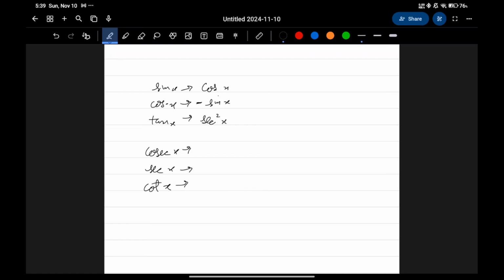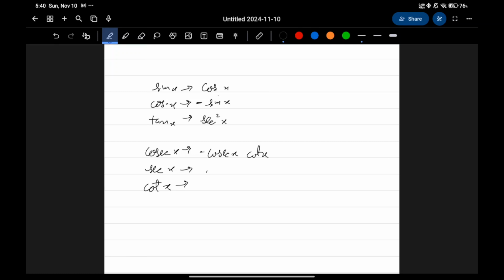Alright, cosecant. Cosecant was, if I correctly remember, minus cosecant x cot x. Let me double check that. Cosecant x derivative. Yeah. Alright. Secant x, net tangent x, something like that.